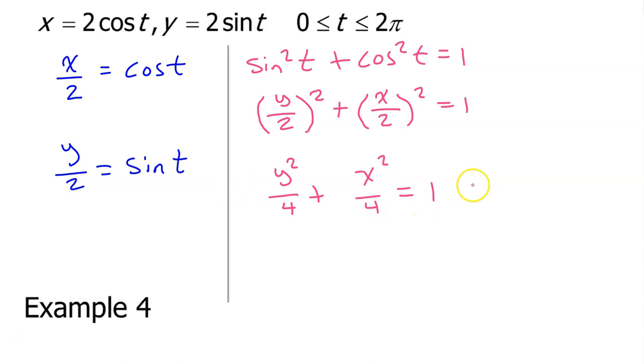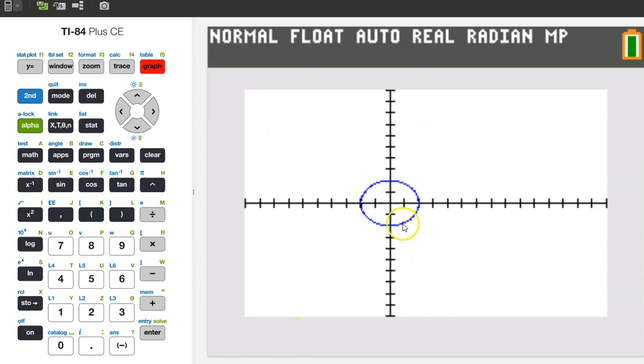If we multiply both sides by 4, we get y squared plus x squared is equal to 4. Or written in standard form, that's x squared plus y squared is equal to 4, which is the equation of a circle with radius 2, which is exactly what we saw on the graphing calculator.